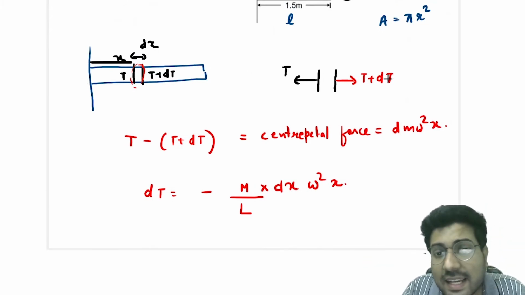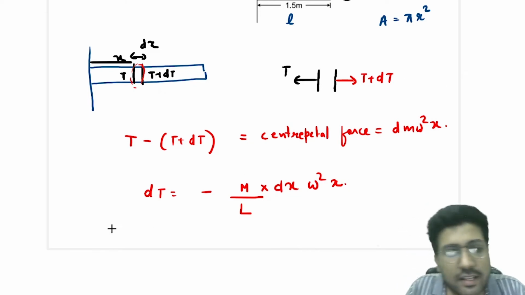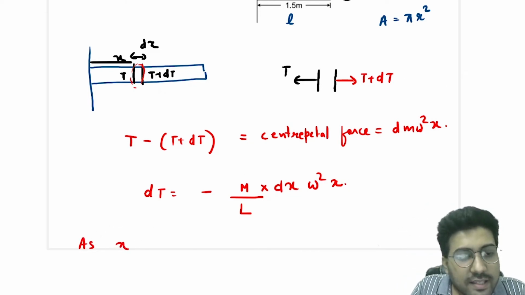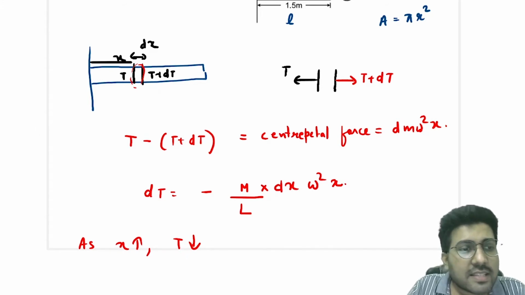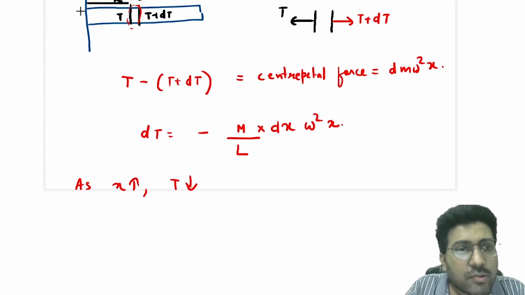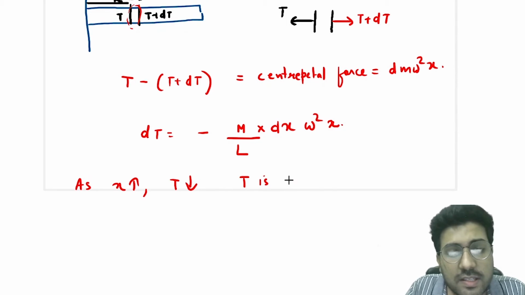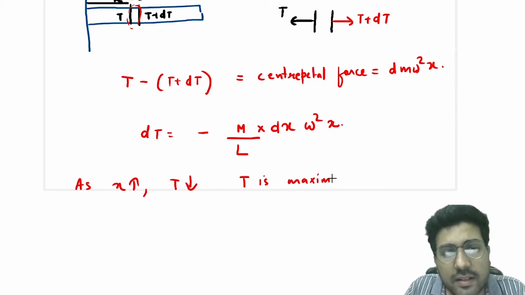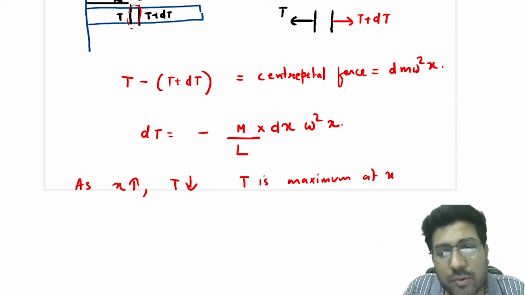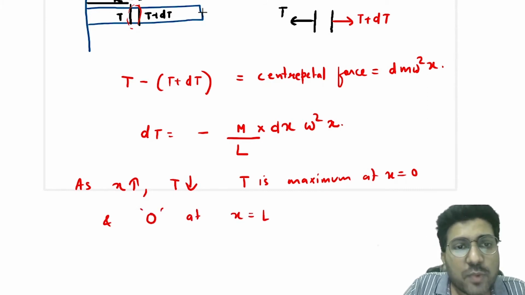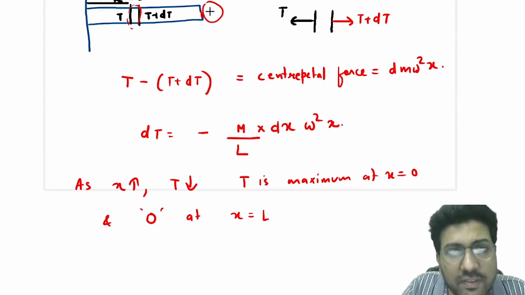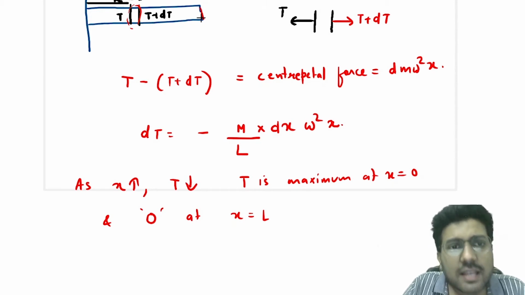Because this dT is negative, that means the tension keeps on decreasing. So as x increases, tension decreases. That means tension is maximum at x equal to 0 and 0 at x equal to L. At this point there is no body which is pulling this, so that means at this point the tension has to be 0.